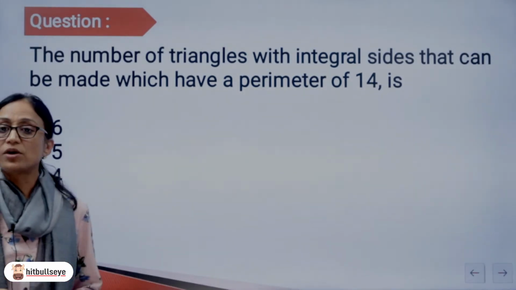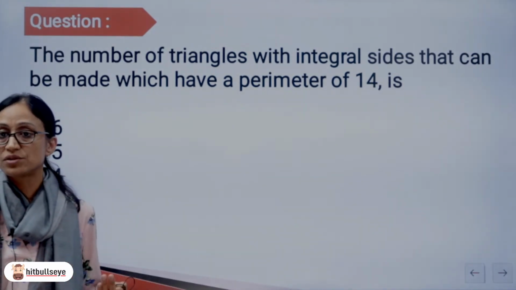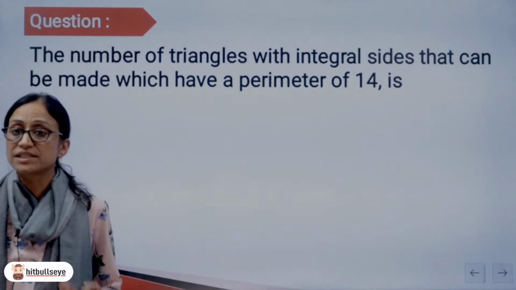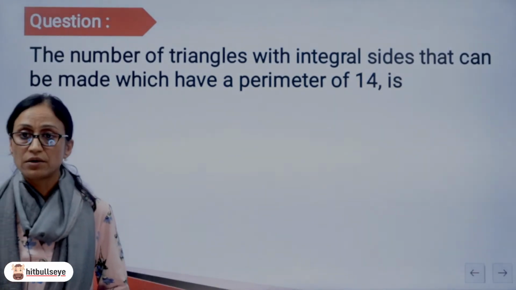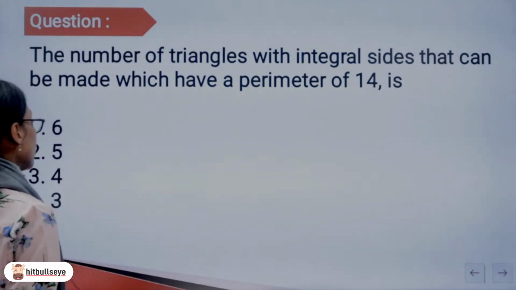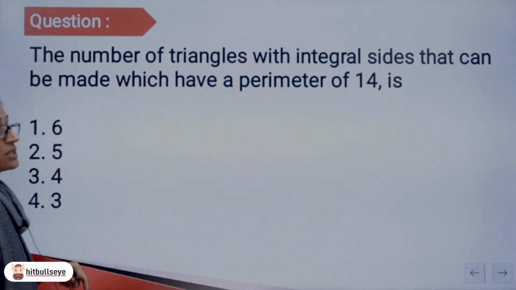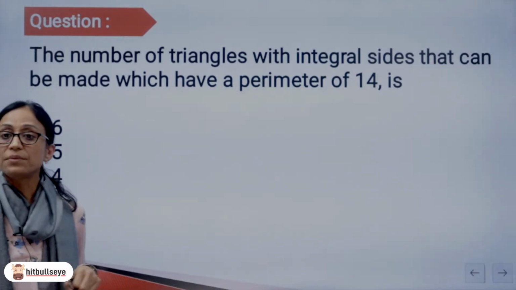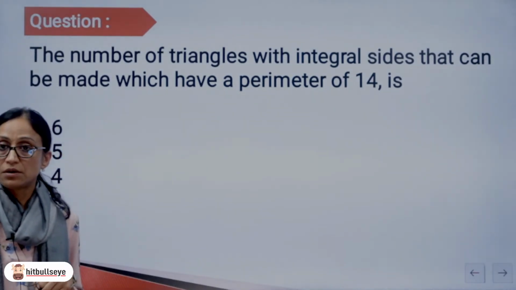But that is only possible when I know the 3 dimensions of the triangle, the 3 sides of the triangle. Here, the question's language is slightly different. So this one says that we just know the perimeter is 14. So how many triangles are possible?